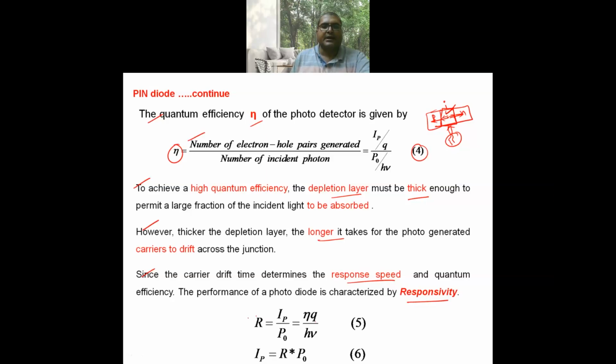The formula for responsivity R is given by Ip by P naught, which is equal to eta q by h mu, where eta q is the quantum efficiency. And the primary current is equal to R into P naught. It is a product of responsivity and the incident photon power.